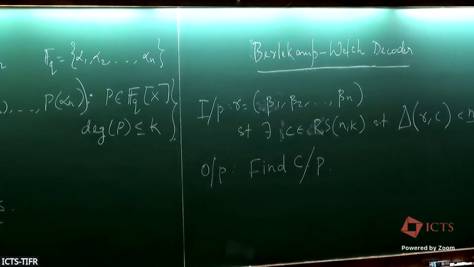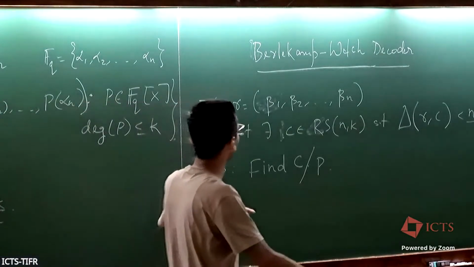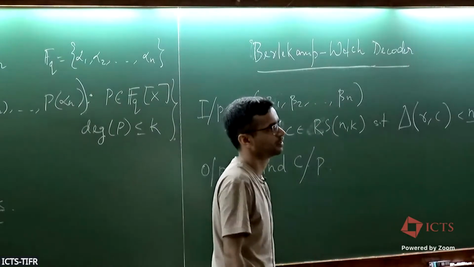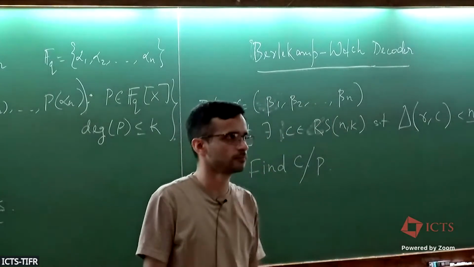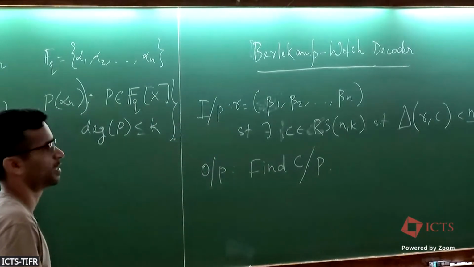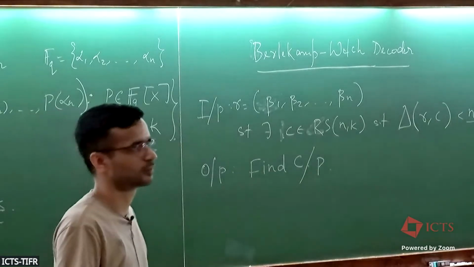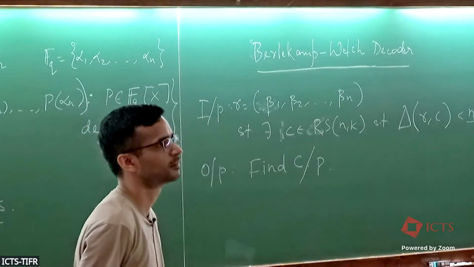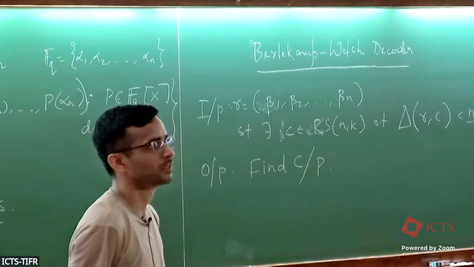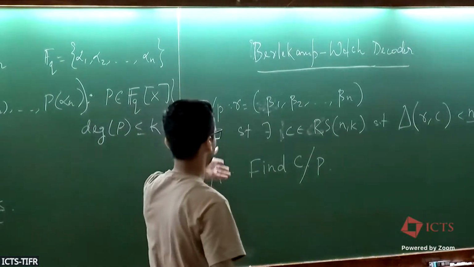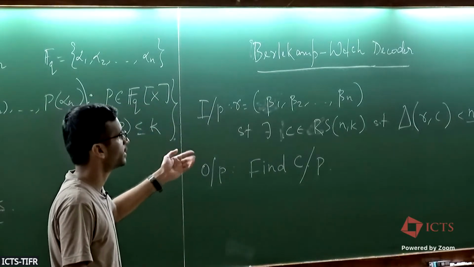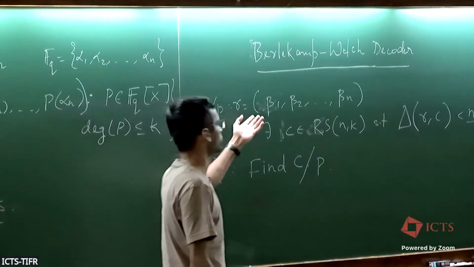Okay. So now, for starters, let's pretend that there were no errors. If there were no errors, then what is this problem? We are given evaluations of a degree k polynomial on n inputs, no errors. So you know all the evaluations correctly. And how do we find the polynomial in that case? We will interpolate, right? This is our standard interpolation problem. But in the setting that we are in, the evaluations are not going to be correct.